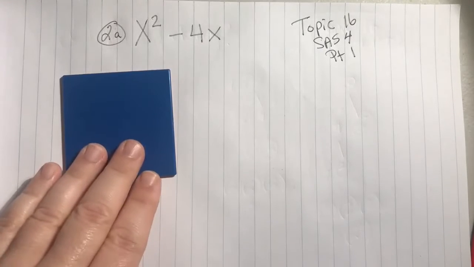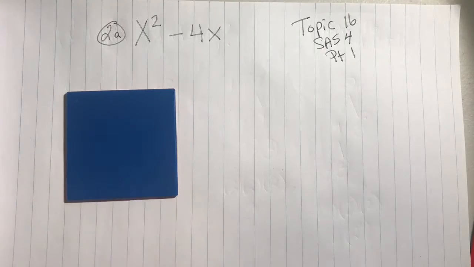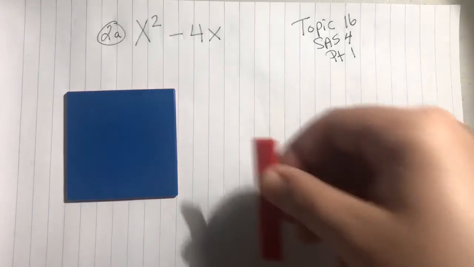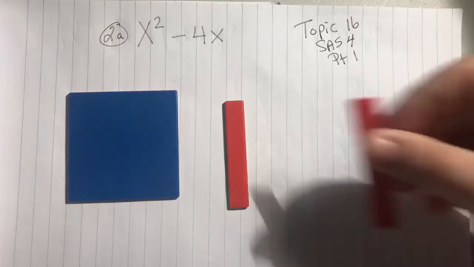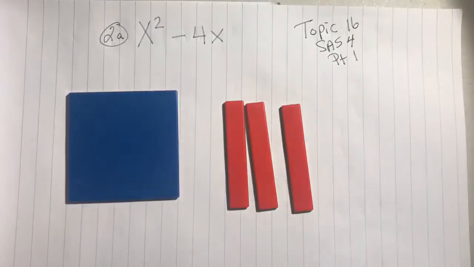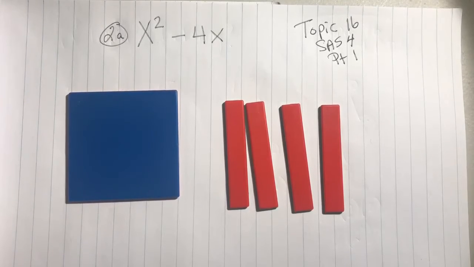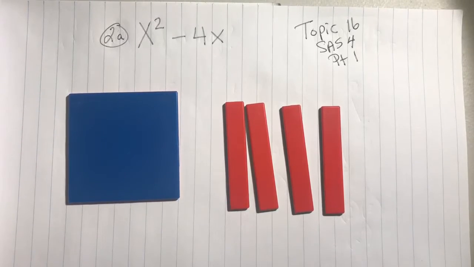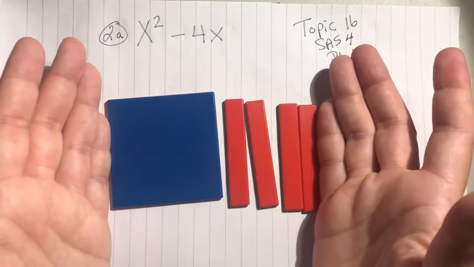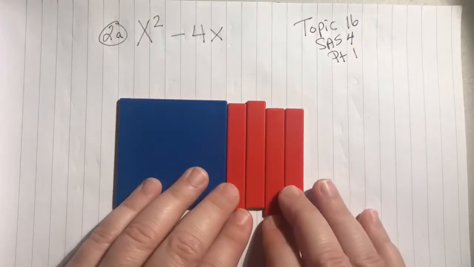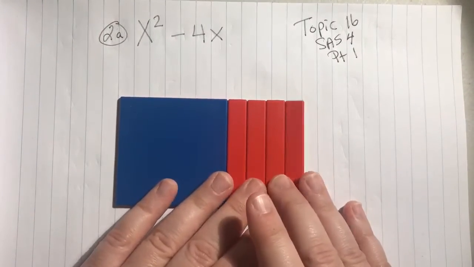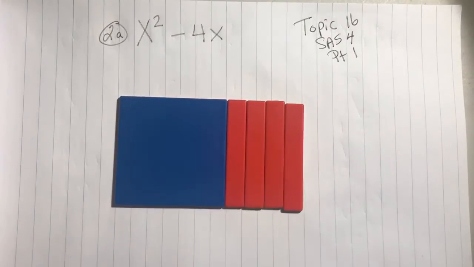So here I have x squared, and minus 4x would be 4 of these red tiles. Now, the goal here is to make a rectangle. If you can make a rectangle, you can factor. So the easiest thing I'm looking at right now is just to squish these together, and there's my rectangle. Easy as that.